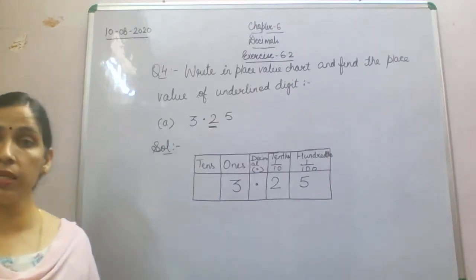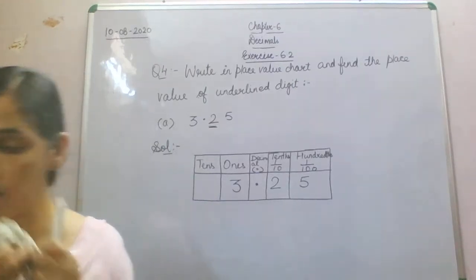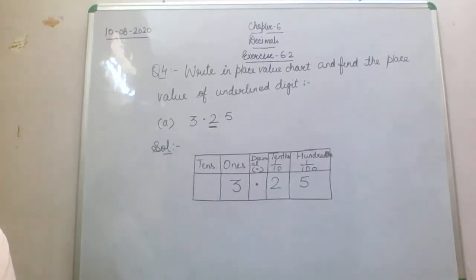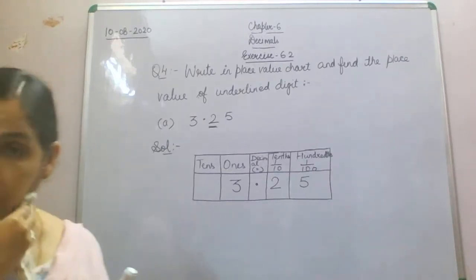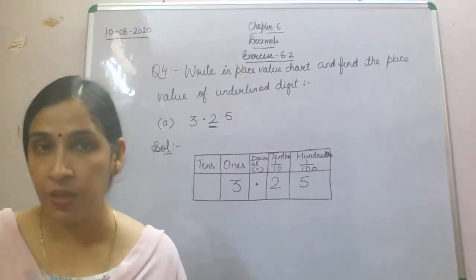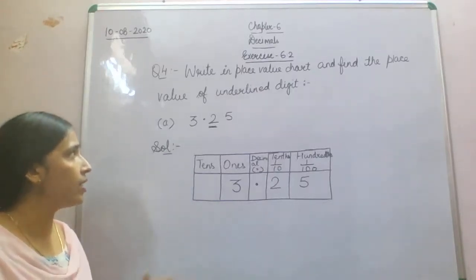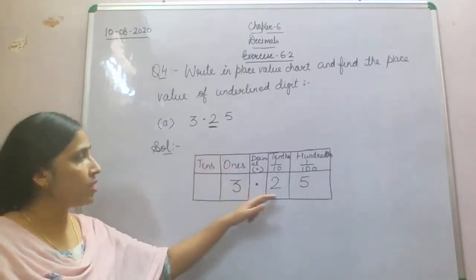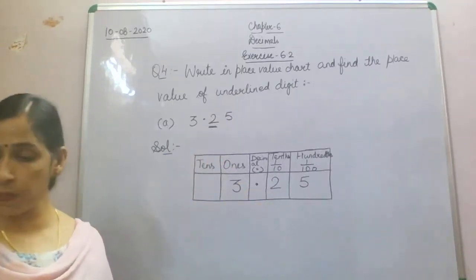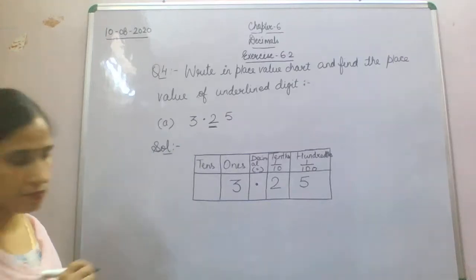So what we have done in this question A, that is 3.25: the question asks us to write the given decimal number using the place value chart and then find the place value of the underlined digit. Now here the digit which is underlined is 2. Now what is the place value of 2?